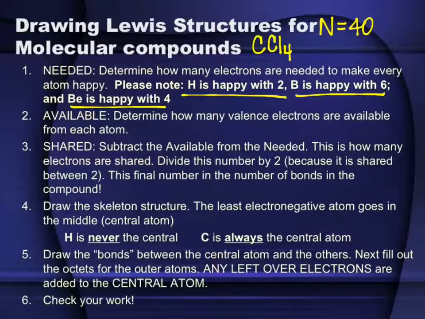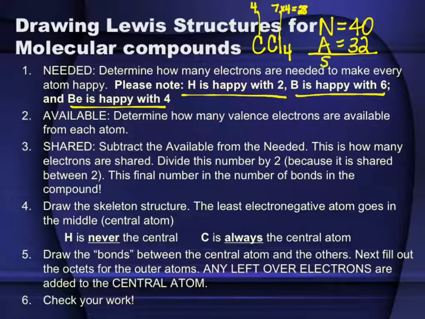Carbon has 4. Chlorine has 7, and we have 4 chlorine atoms, so 7 times 4 is 28. Plus the 4 from carbon, 32. So what is available is only 32 electrons. I want to have 40, but I only have 32. So that means we're going to have to share some.